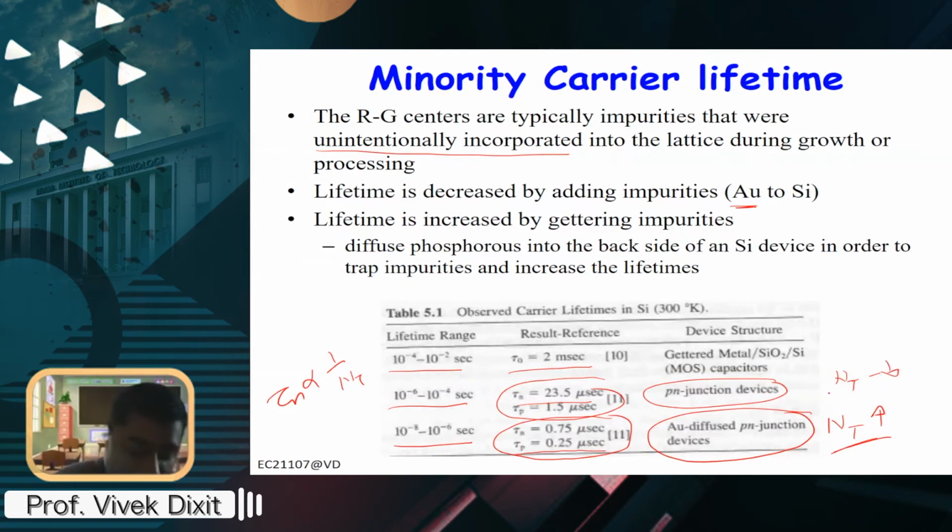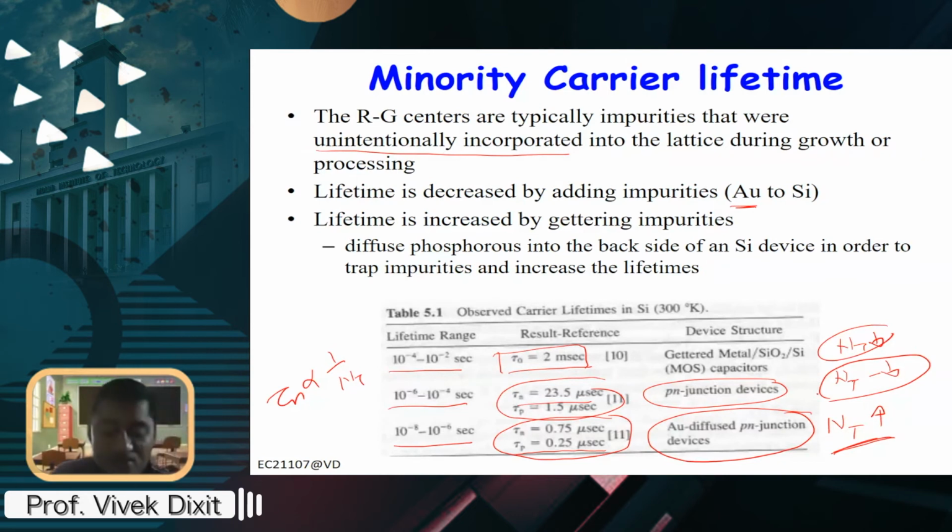Now in some cases you need a long lifetime, so then this NT should be actually lowered, especially lowered. You can achieve this by a clean process where you reduce these gold particles or metal particles.